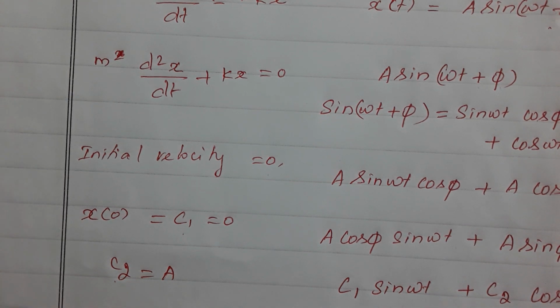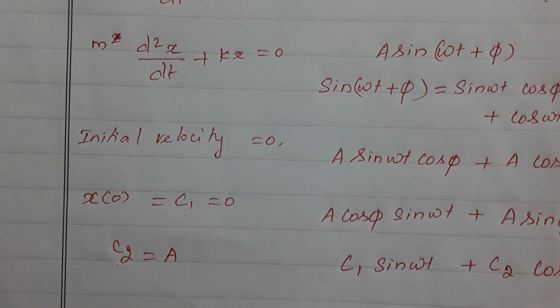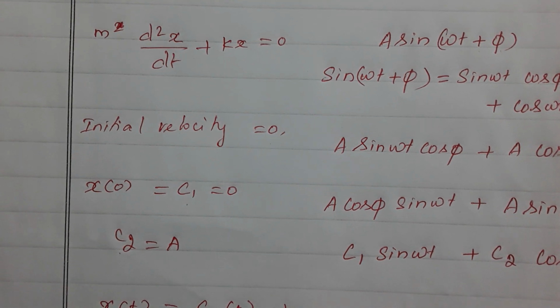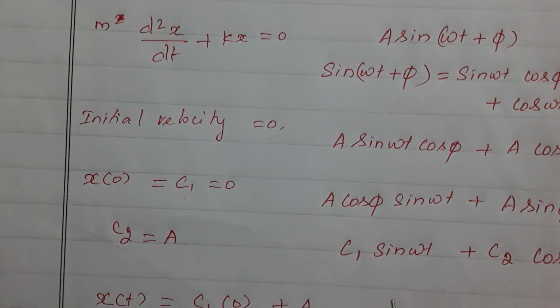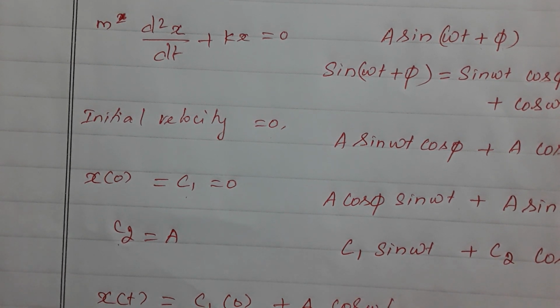Now that equation can be written as x of t equal to c1 into 0 plus c2, which is nothing but a, cos omega t.